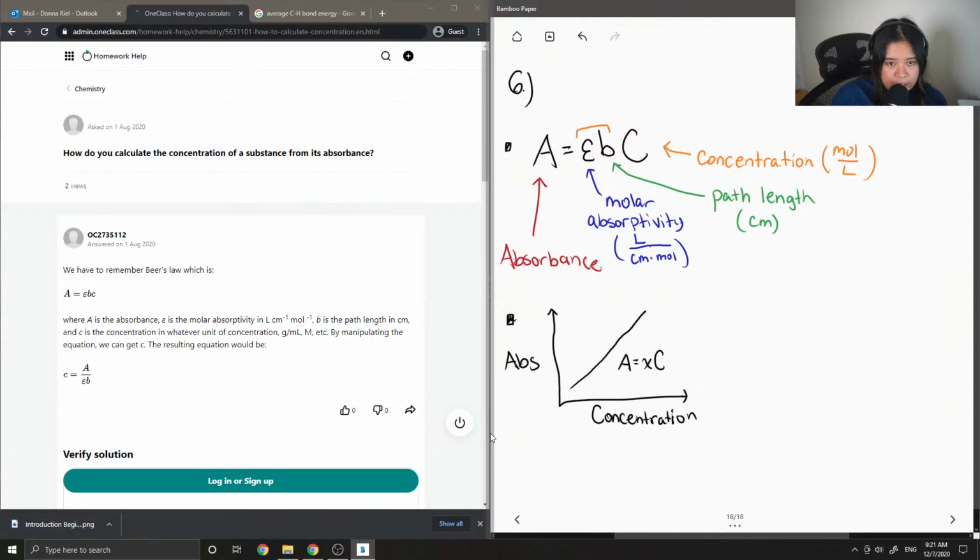If a question gives you different absorbances at certain concentrations and you need to solve for the unknown, you first would need to plot your absorbances versus concentration.